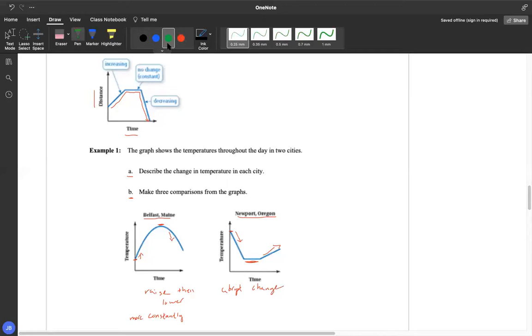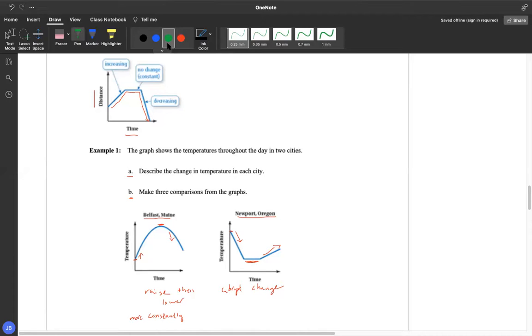Well, by abrupt, I don't mean it just became cold and then in 1 second it became really hot, because it still has slope and all that. It's just that it's not always changing. Right. It hits a point, stops, and then it starts changing suddenly. So it's an abrupt change.